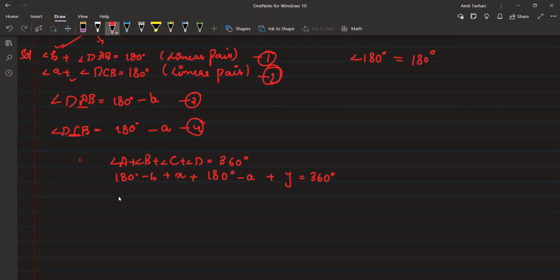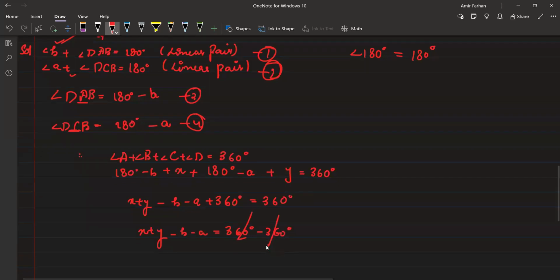So add this. 180 plus 180 will be equal to 360, yes? Then it will be equal to 360 minus 360, so this will cancel.